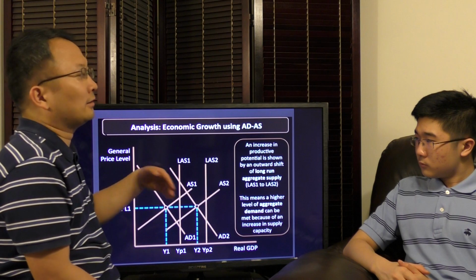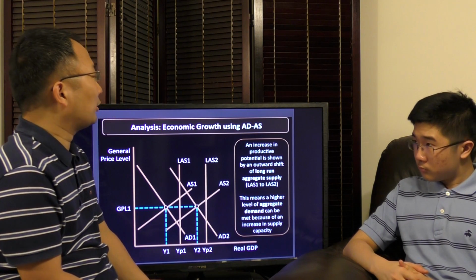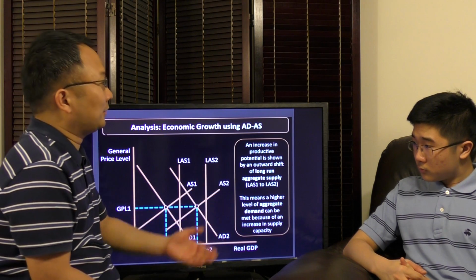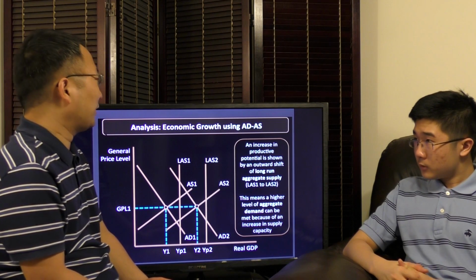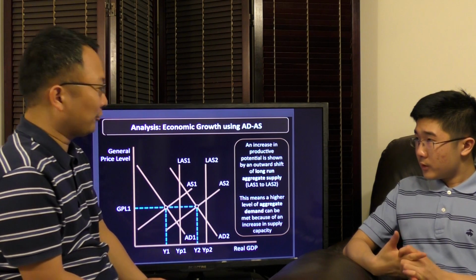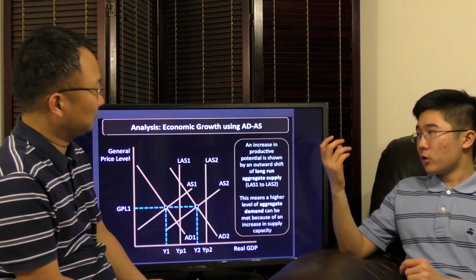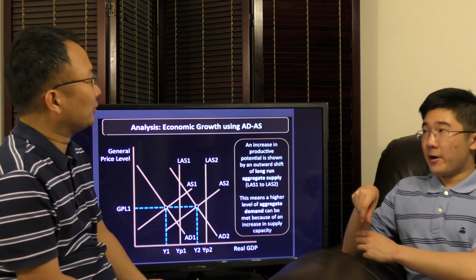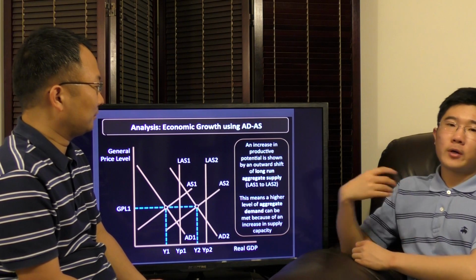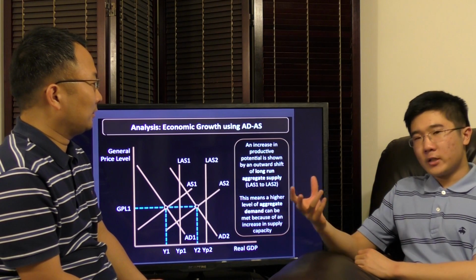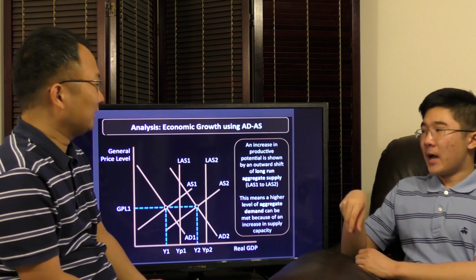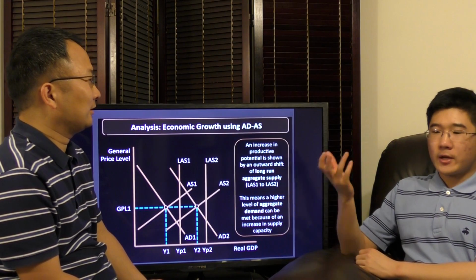Not just technology improvement, but human capital improvement, physical capital improvement, etc. And of course, an increase in the overall labor participation rate can also increase our total long-run aggregate supply. Even though our per capita productivity or output may not change, our overall real GDP can increase.